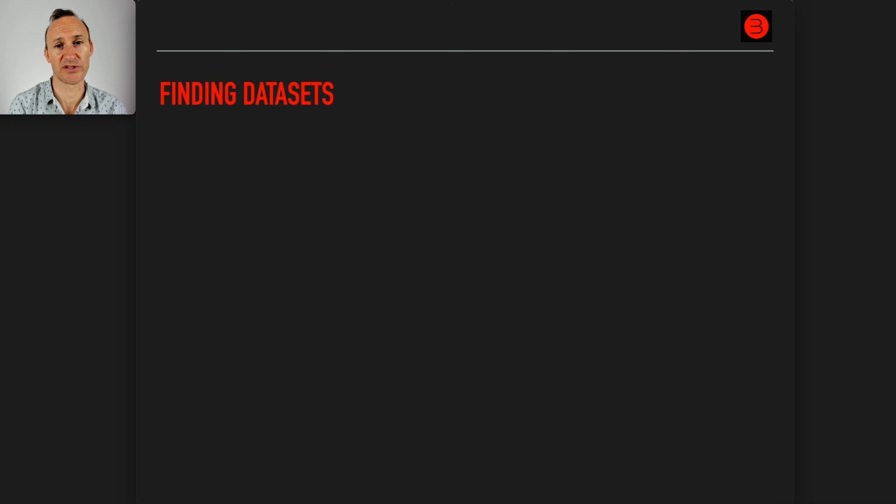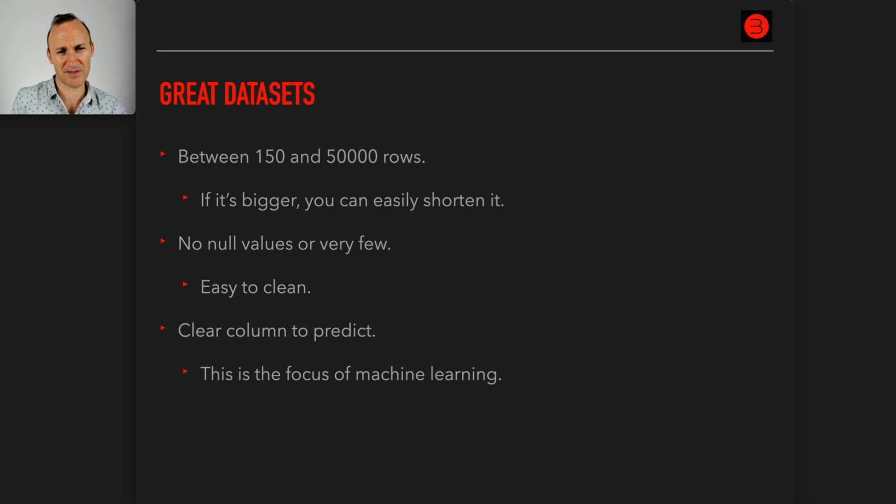And you want a clear column to predict, right? This is the whole focus of machine learning. When you look at your data, you're simply asking the question, hey, would it be interesting to predict one of these from the others? And again, we'll be looking at examples of where yes and no. And sometimes, a little creativity. It's not like a hard, cut and dry thing where it's like, well, I'm the authority and I say no. If you see a way to do it, by all means, go for it.